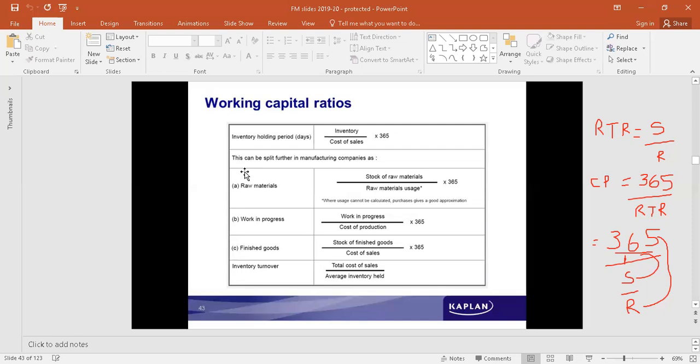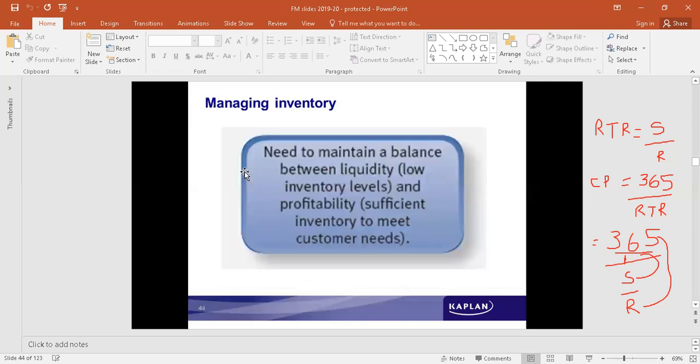So when we split it very specifically, how many days it is held in raw form, how many days in semi-finished form, that is, work in progress form, sorry, and how many days in finished form. Very specifically, stock of raw material by raw material usage into 365. Work in process by cost of production into 365. If it is finished goods, stock of finished goods by cost of sales into 365. Overall inventory turnover ratio is cost of sales divided by average inventory held. That's the formula.